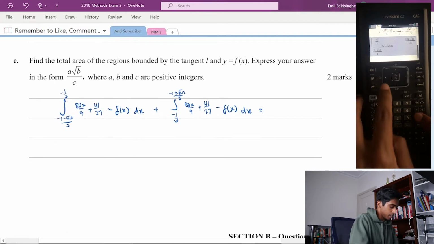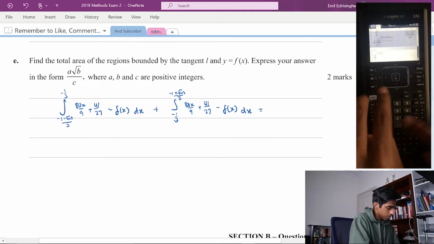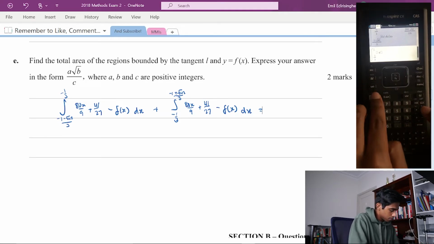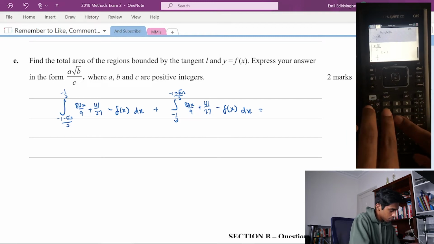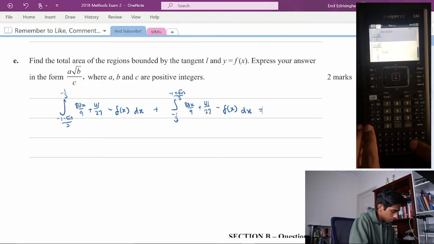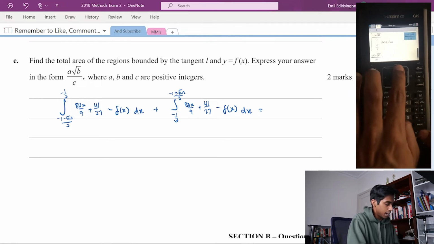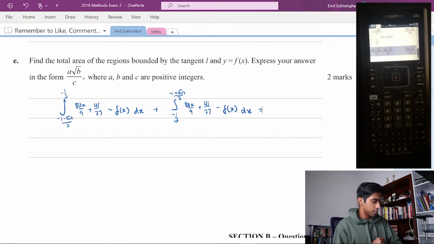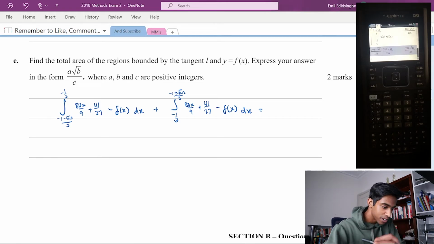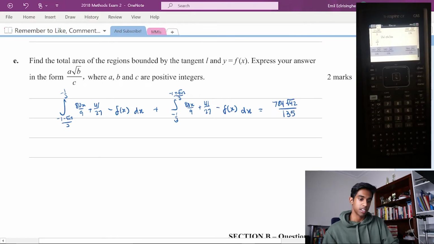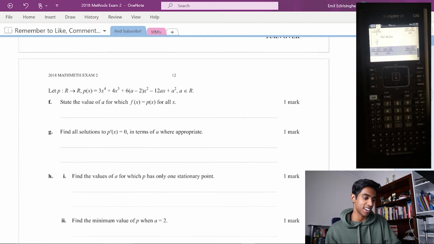And then now we've got to do our second part, which gives us that, and now we'll just add these two together, which gives us 784 root 42 on 135. That's a really ugly number, but sometimes you get that in methods.